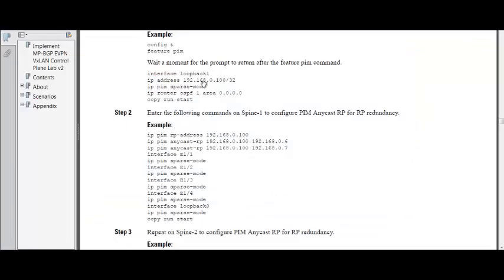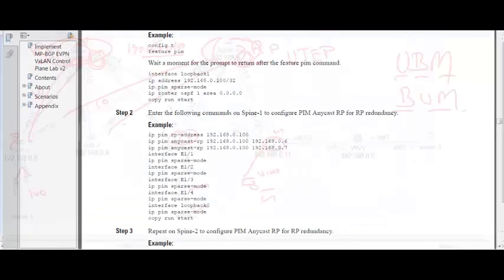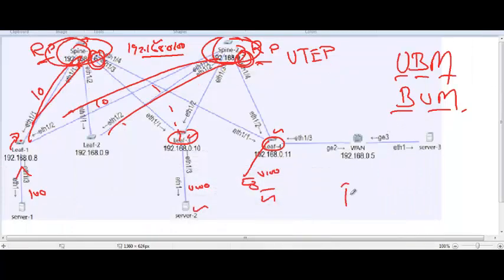So that's the configuration. Now what is this called? PIM sparse mode. PIM stands for Protocol Independent Multicast. We need to run PIM on all these fabric links, on all the wires that are connecting the leaf and spine.